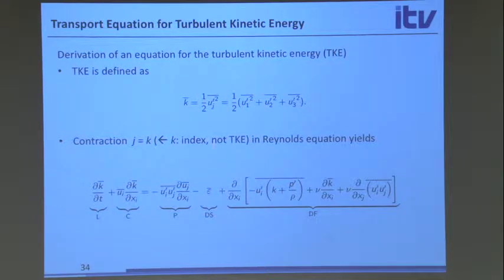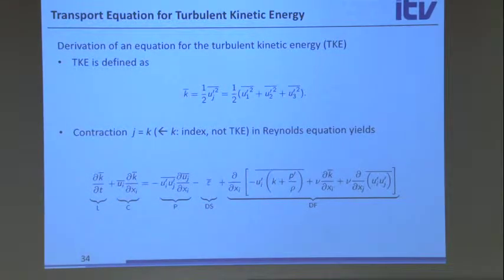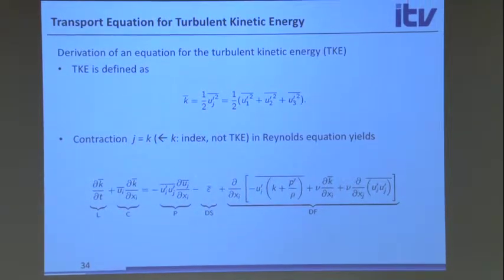And then on the right-hand side, again, there might be terms that produce kinetic energy, consume kinetic energy, or just redistribute kinetic energy, okay? So, this term here is a production term that produces kinetic energy, and it's kind of understandable also.